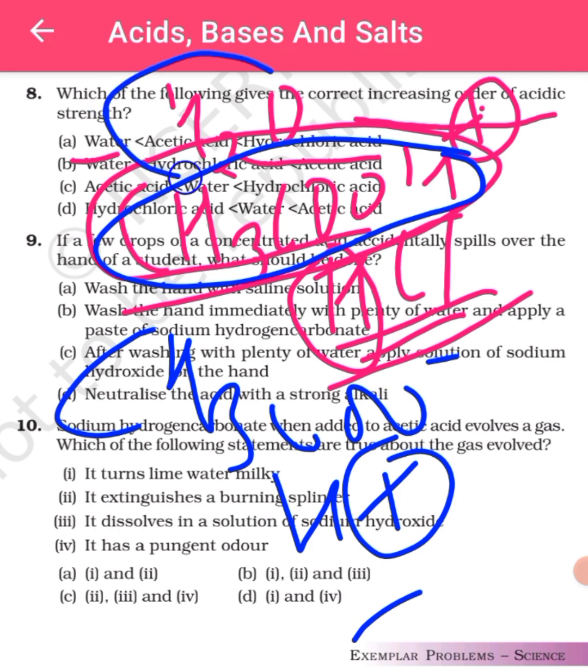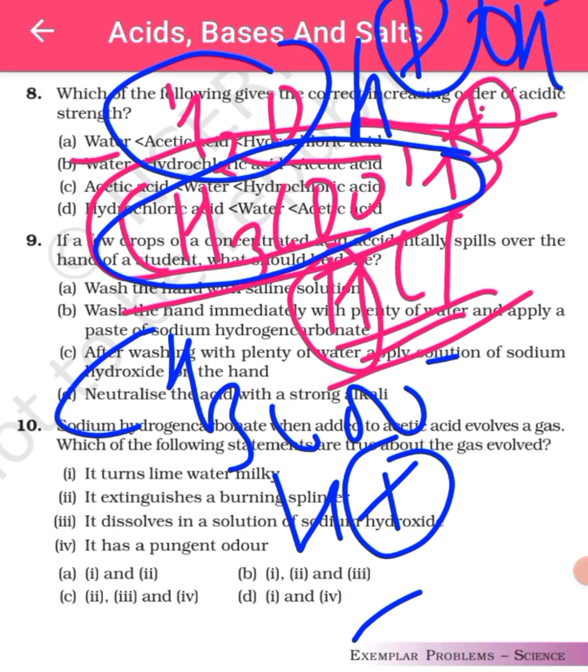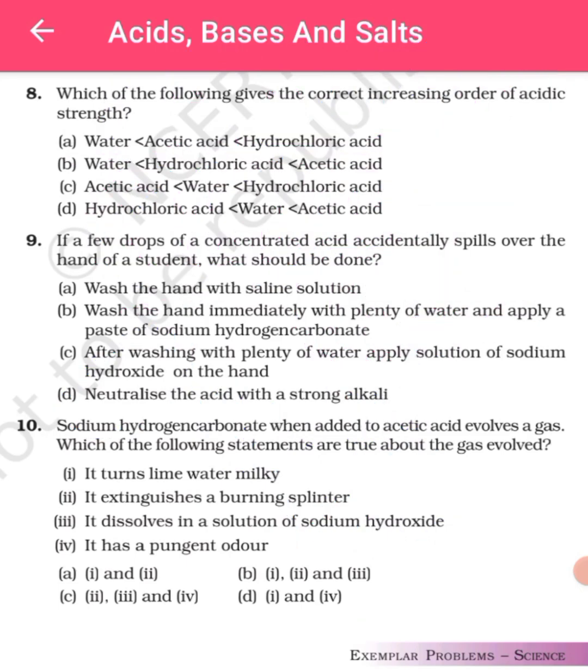And next one is the water. Water is a universal solvent, or we can take it as a neutral molecule. It can easily dissociate into H plus as well as OH negative ions. Therefore, the strong acid is hydrochloric acid, then weak acid, and then water.